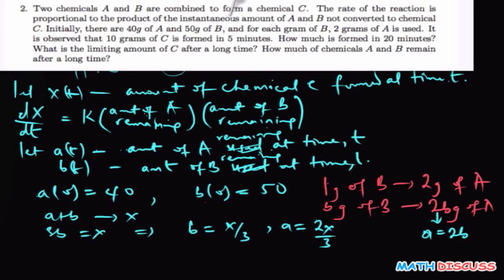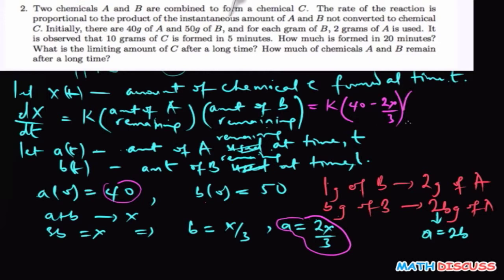So if this is the amount of A used at time t, then the rate is K times the amount of A remaining. Since the initial amount is 40 and we have used 2x all over 3, the amount remaining is 40 minus 2x all over 3.